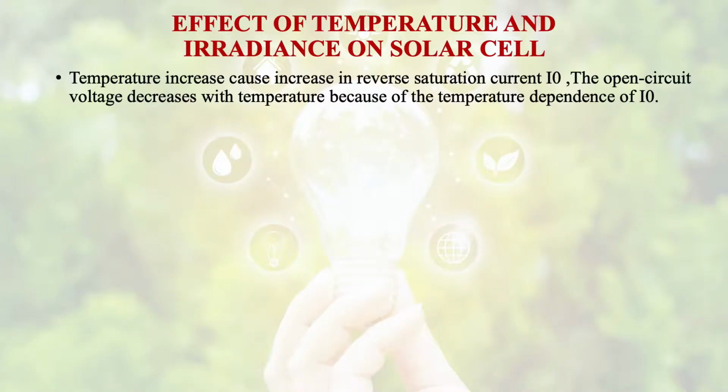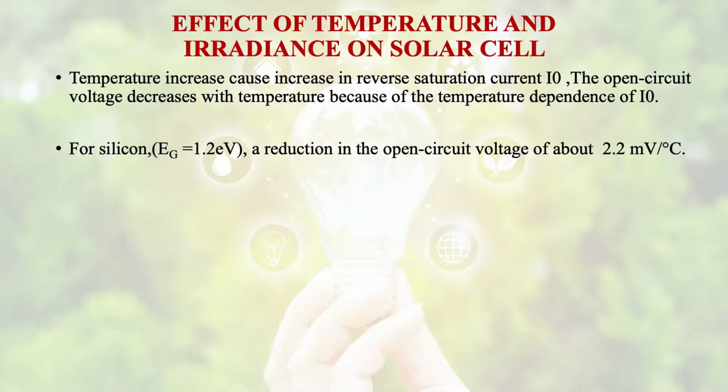Temperature increases cause an increase in reverse saturation current, IO. When you see the formula of the current and voltage in the solar cell, you will find one term, reverse saturation current. When the temperature increases, then reverse saturation current increases. So from the current equation of the solar cell, you will find that with increase in IO, VOC decreases.